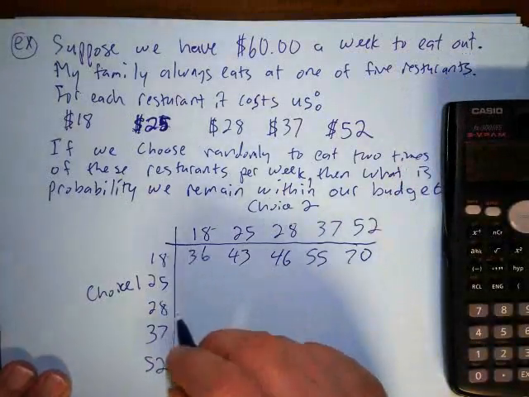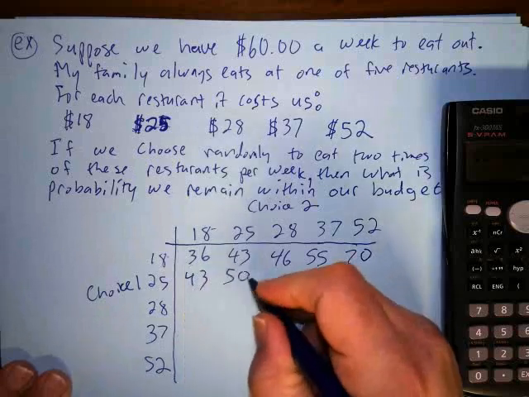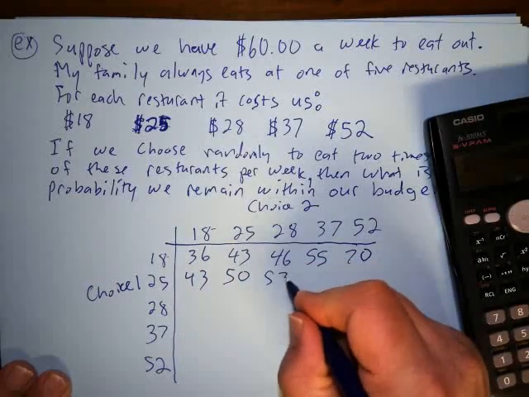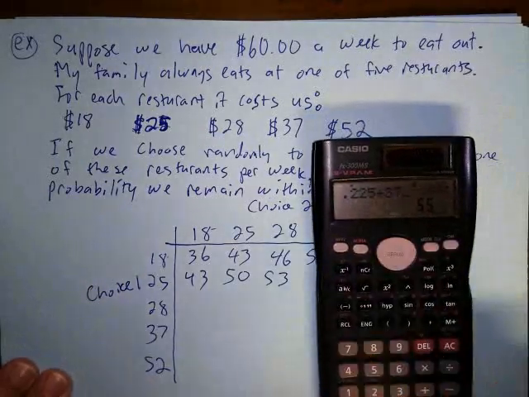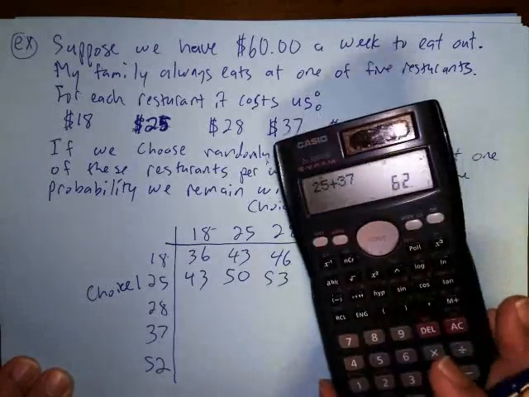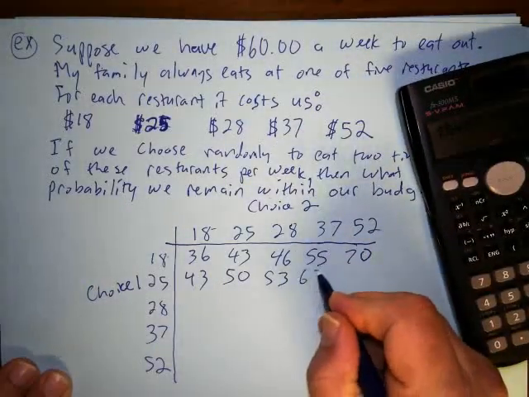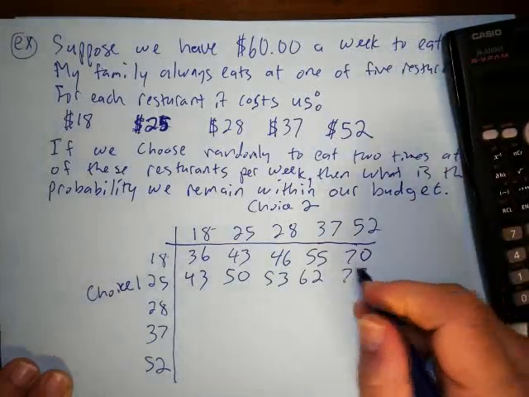Now 25 and 18, that's 43. 25 and 25 is 50. 25 plus 28 is 53. 25 plus 37, that'd be 62. And 25 and 52 would be 77.